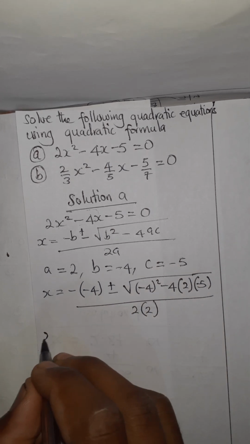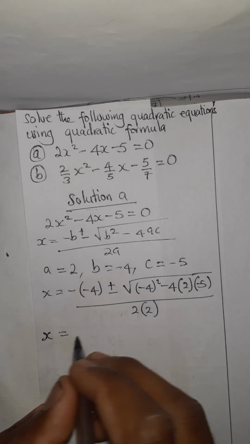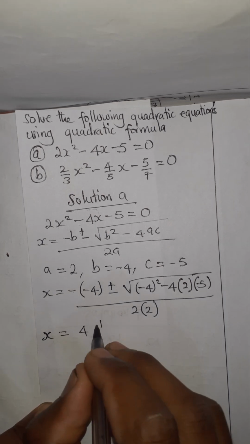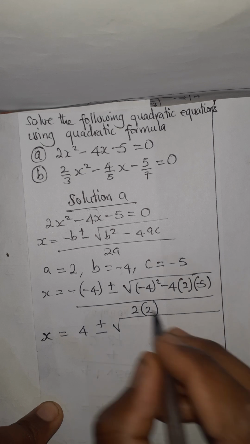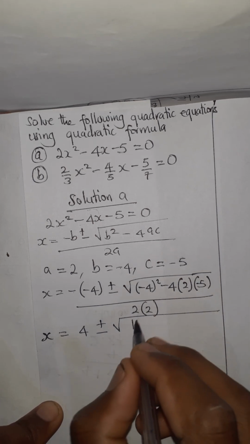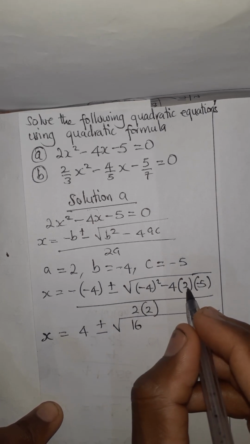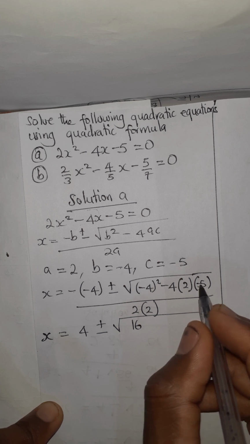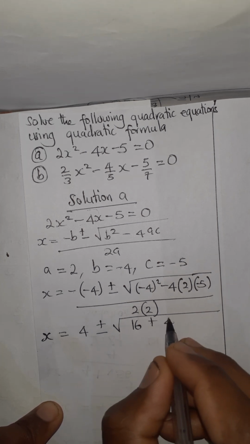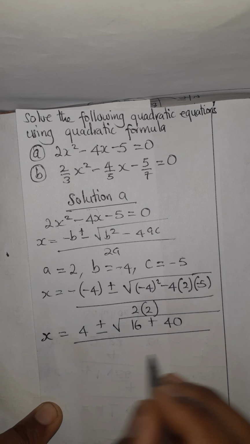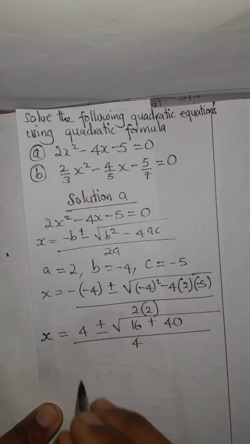So x is equal to negative times negative is positive 4, positive or negative square root, negative 4 squared is 16, negative 4 times 2 is negative 8, times negative 5 is positive 40. This over 4, 2 times 2.